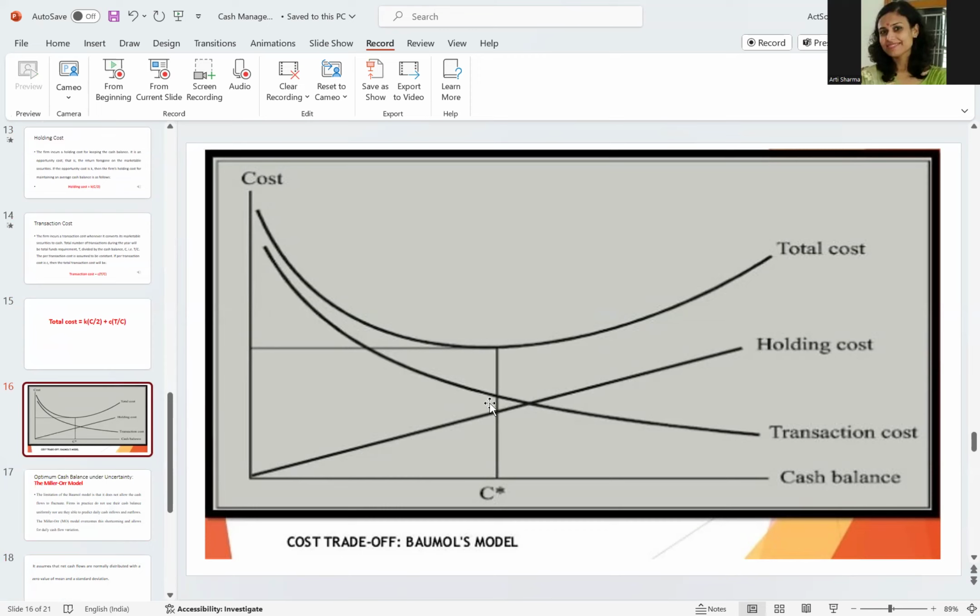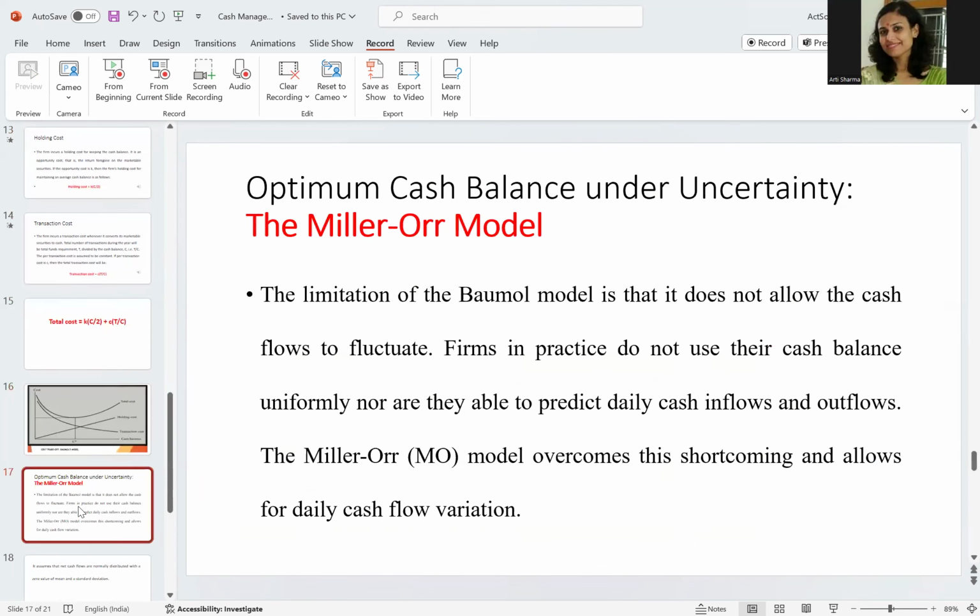And we can see here that there is one point at which the total cost of holding and ordering the cash is minimum, and at this point of cash balance we find the optimum cash balance, that is C star. And this is our Baumol model, just similar to the EOQ model, and this is applied in case of certainty, when we can certainly forecast our cash requirements for at least 1 year.